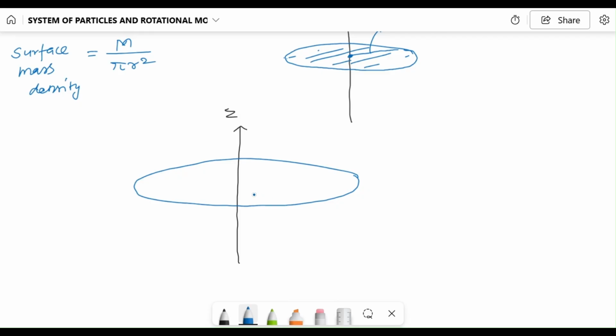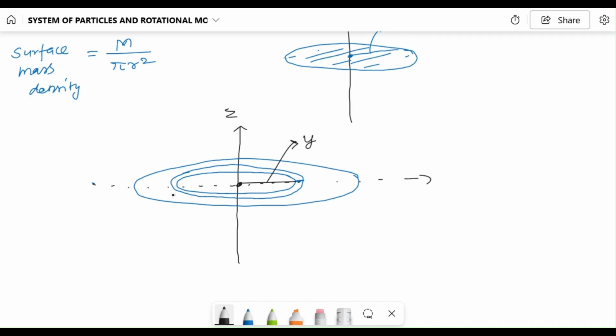Okay. So what we can do, we can take a small ring here. I am talking about its width, not actually thickness. So let's say this is the y-axis here, and from the center this distance is y. So what will be the circumference or length of this elemental rim?